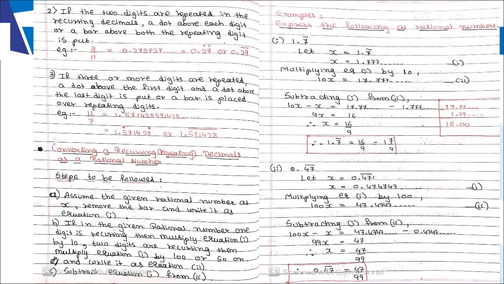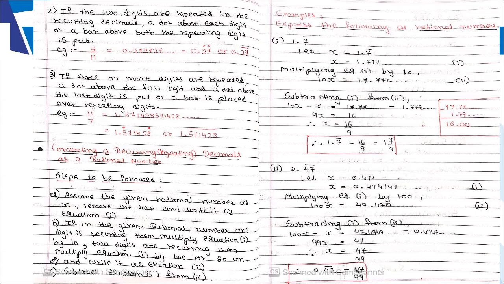So if you observe equation number 1, 1.777, in that the decimal point has shifted one place to the right, so that's why it has become 17.777, and so on. And then you have to name it as equation number 2.